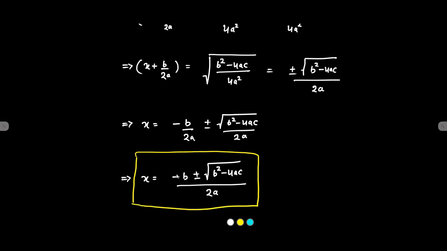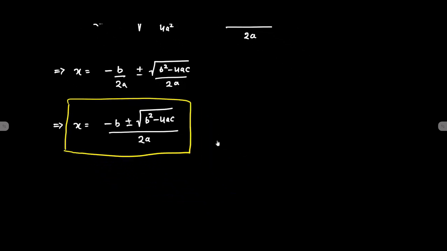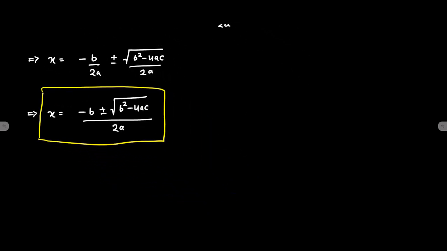There are two values which are the roots of the quadratic equation. We call them the values alpha and beta, the two roots.